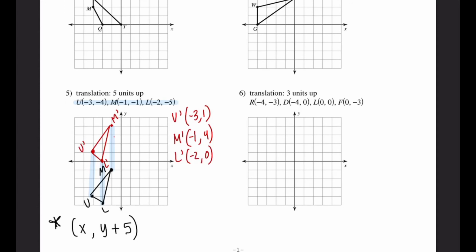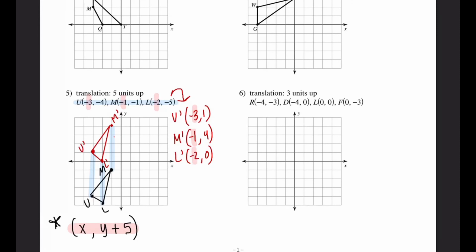Okay, so what I want to do is kind of look at this formula now. How could we use this formula to go from these points here to these points? Okay, so what I'm going to look at here is my x values in any of my original points changing? My u was -3, we'll use -3 here. M is -1, M is also -1.